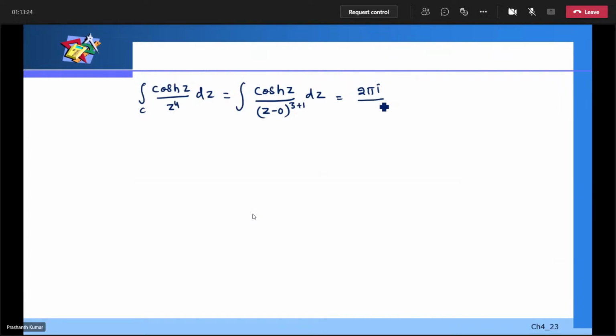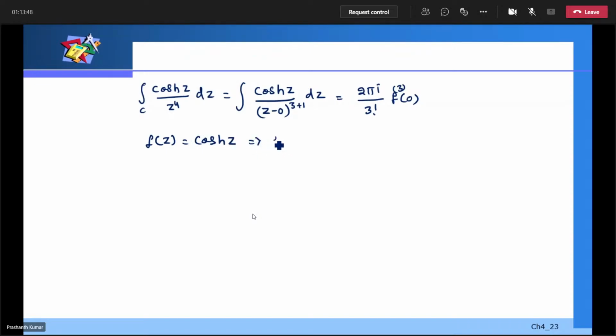This is equal to 2 pi i by n factorial, which is 3 factorial, into the third derivative of f at 0. This is the answer. So here we want to find f of z, given as cos hz.